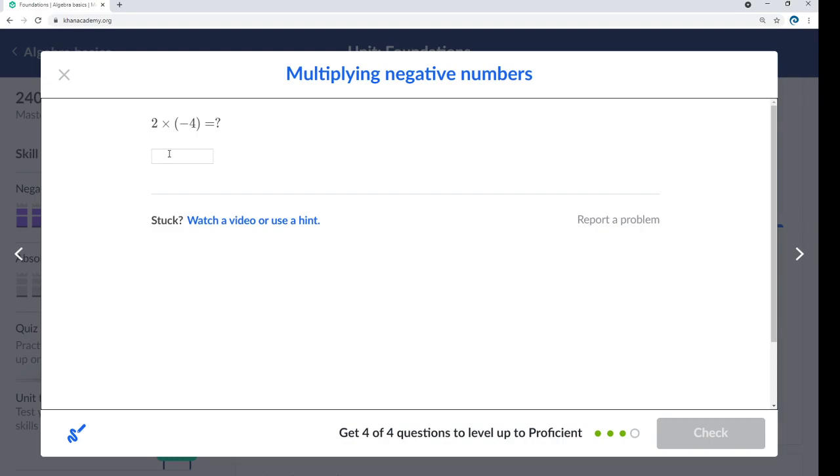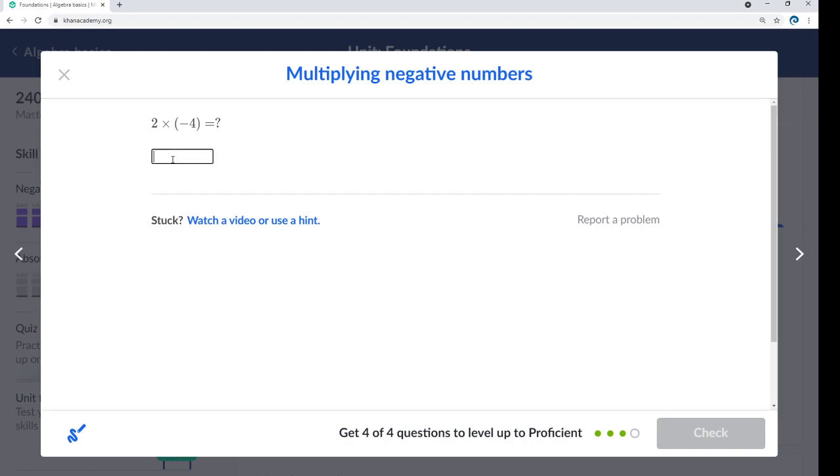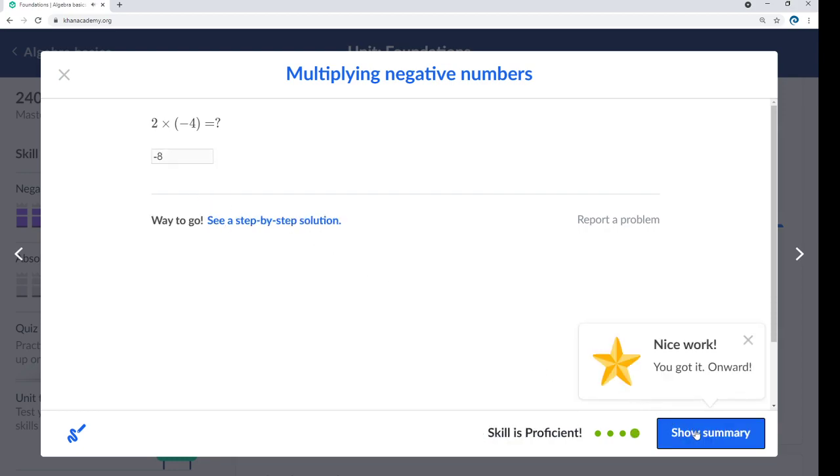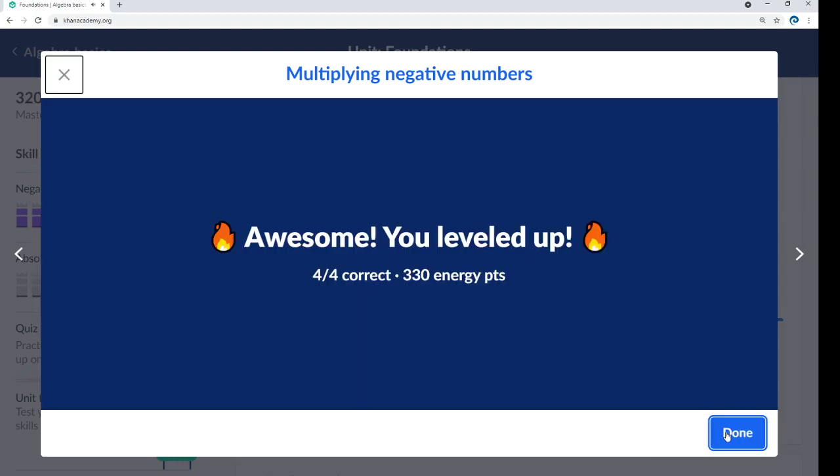Why can't it be positive sometimes? Shouldn't we all be more positive? Like, what's up with that? 2 times negative 4, that's going to be negative 8, I believe. That's the scoop right there. Boom.